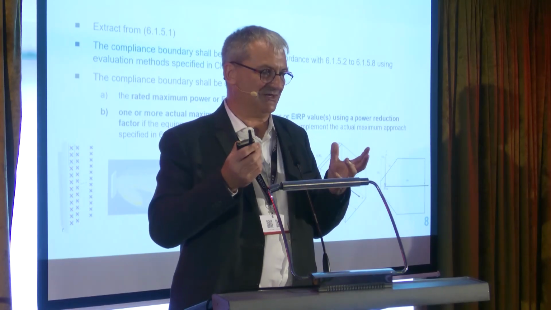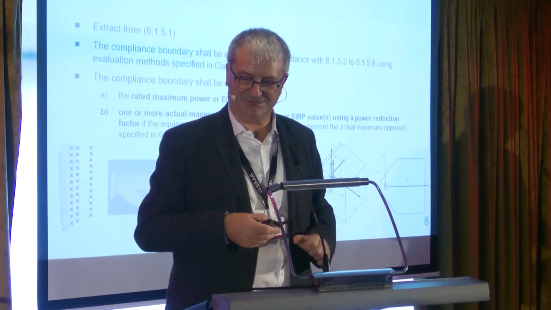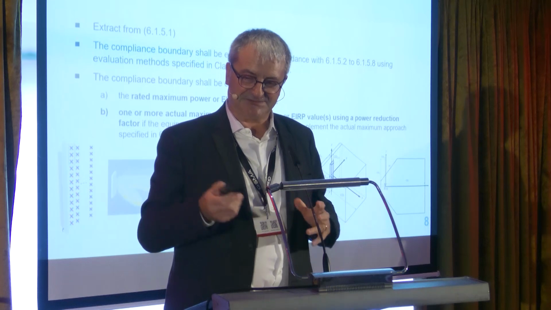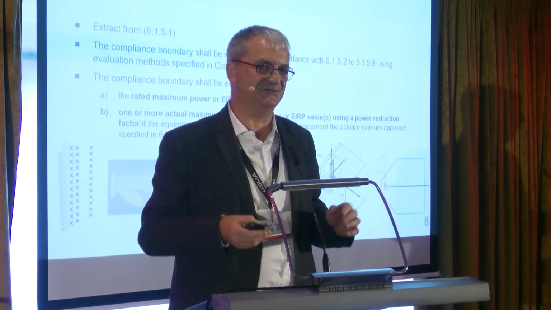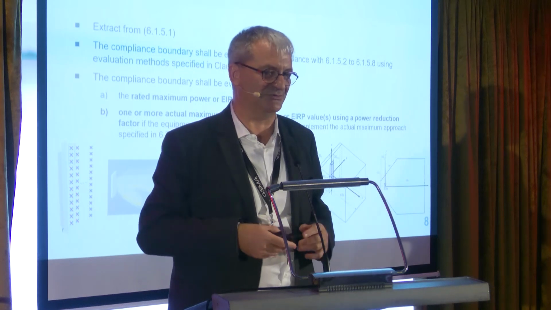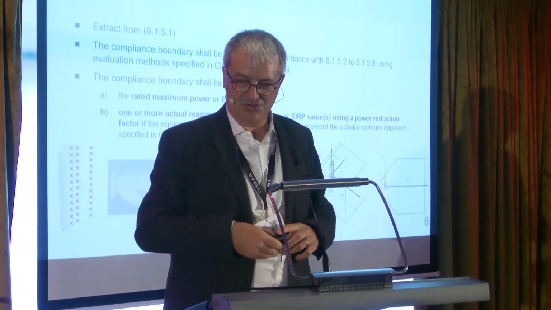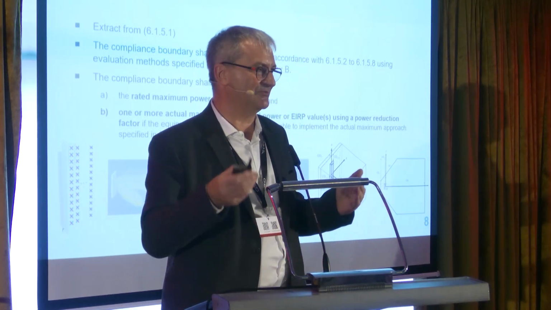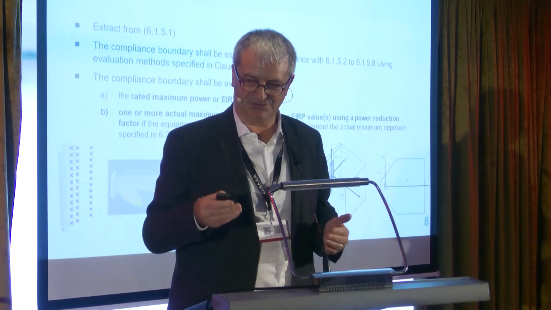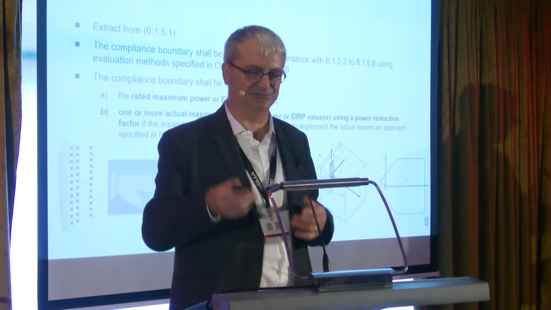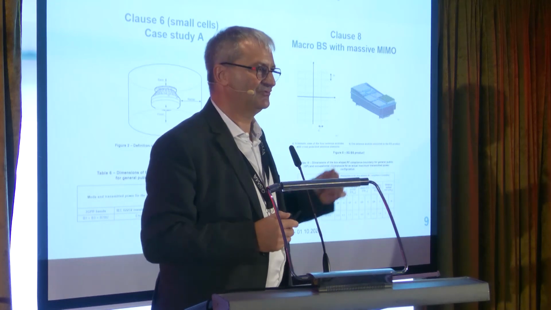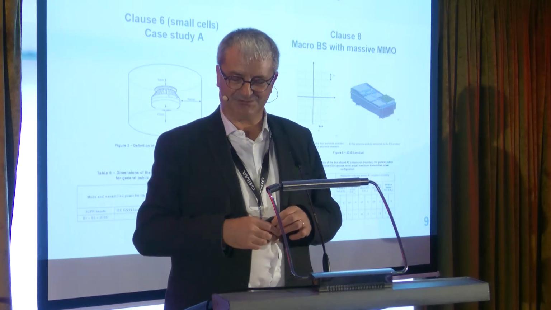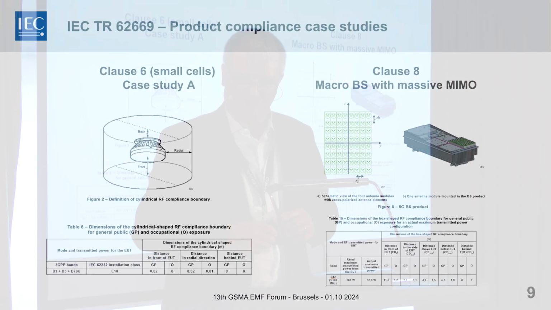You calculate this yellow bubble, and then you translate it into compliance distances, which can take the shape of a parallelepipedic box, or something a little more sophisticated to allow deployment near a window or whatever. And here are a few examples of product compliance reports from the TR.